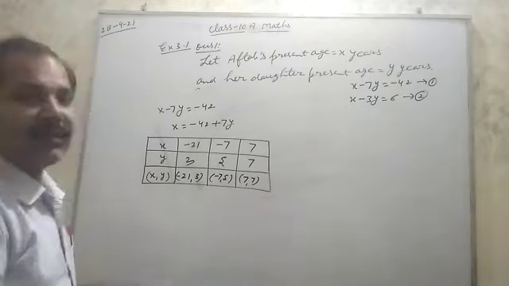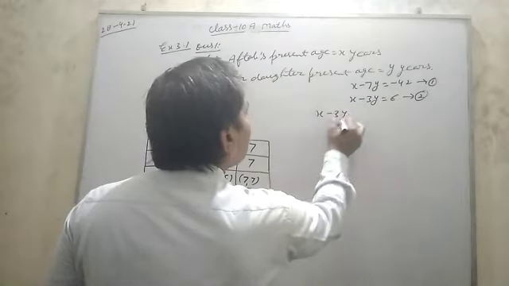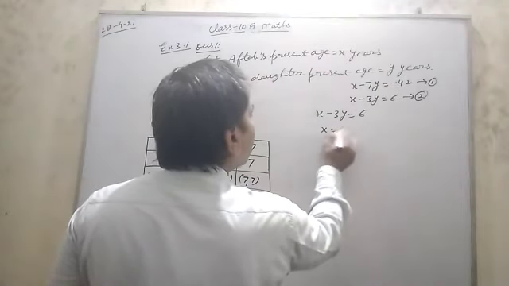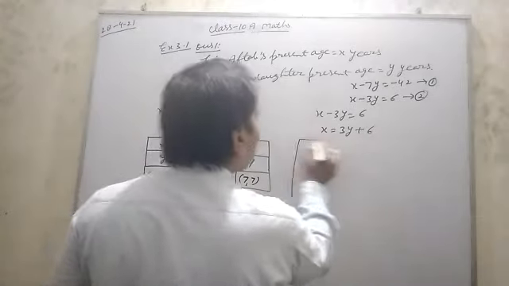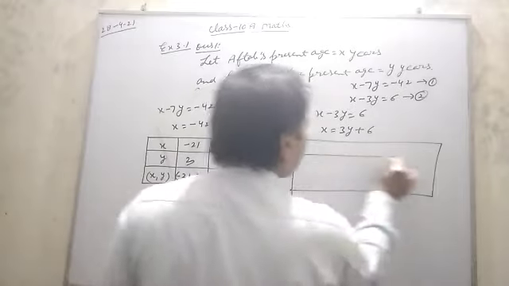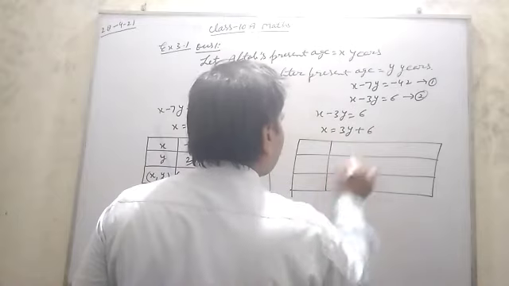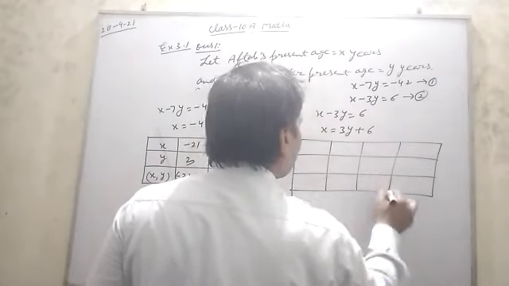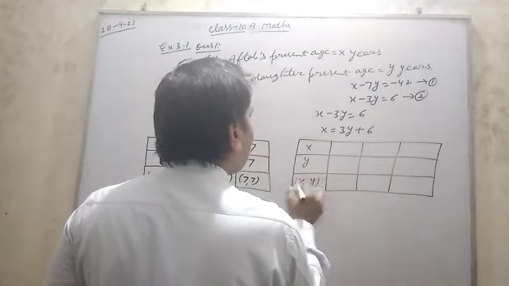Okay. Similarly, for the second equation, x minus 3y is equal to 6, so x is equal to 3y plus 6. So for this also you make a table. So x, y, x comma y.